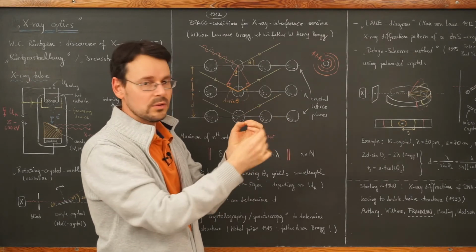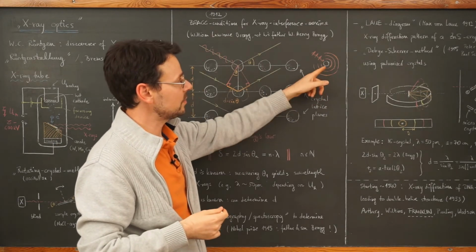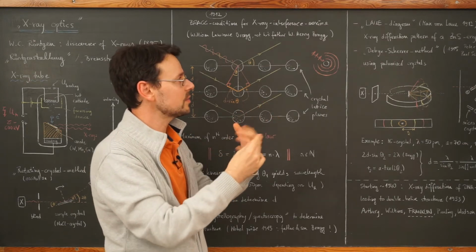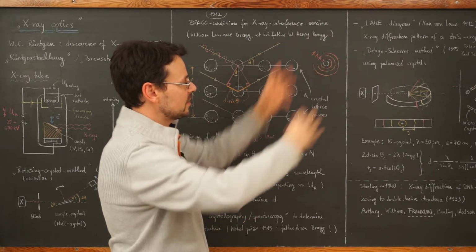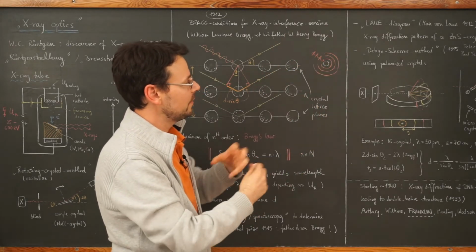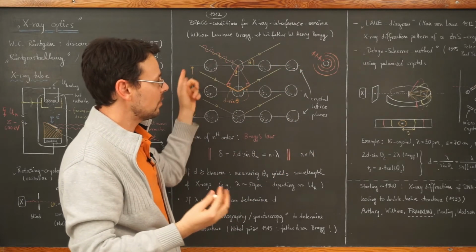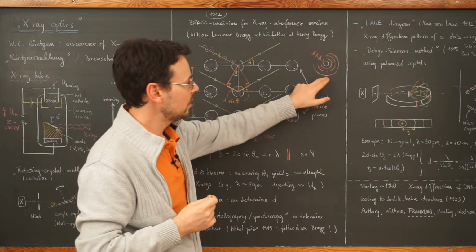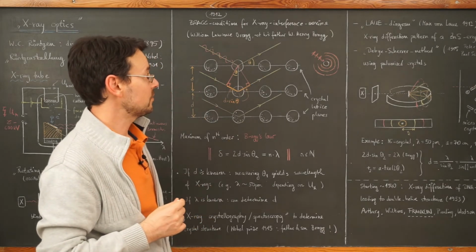The electrons begin to oscillate at the same frequency that this X-ray forces on them, and they themselves become sources of the same radiation, which is in general scattered in all directions. So we have these spherical wave fronts that go in all directions. And this happens at every atom or ion of this crystal. This is very important to keep in mind to understand what's following.